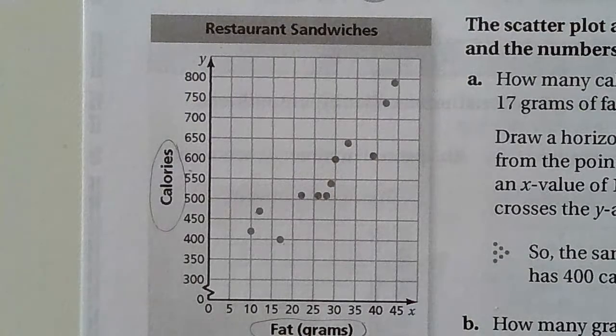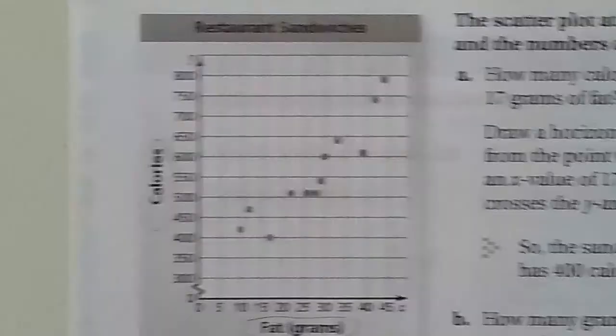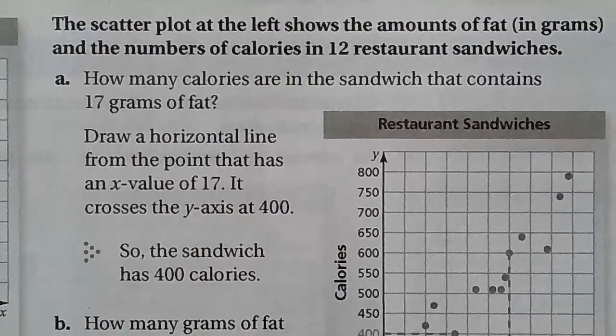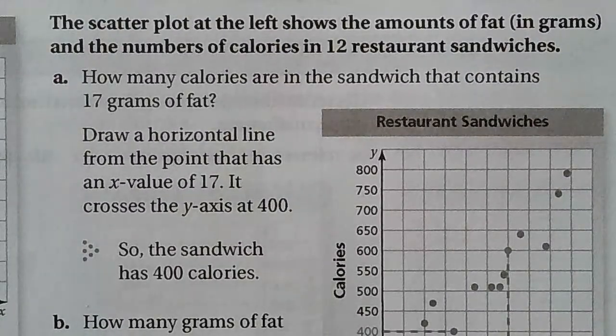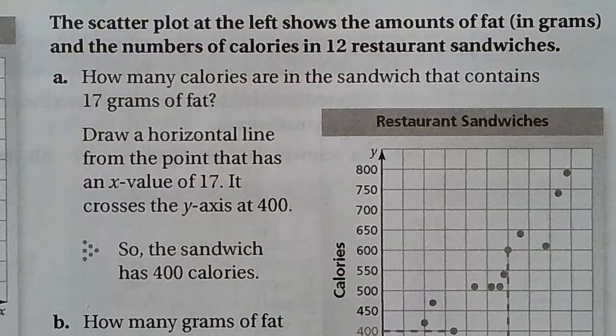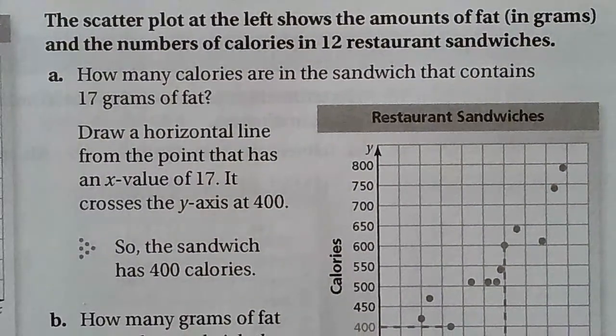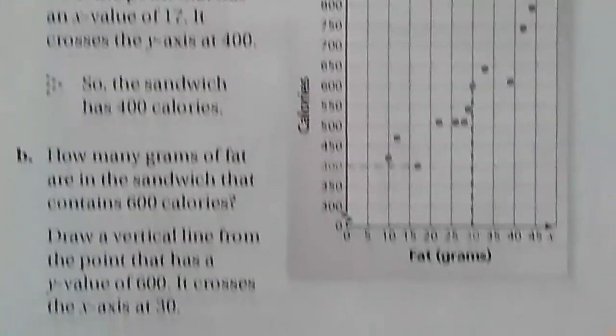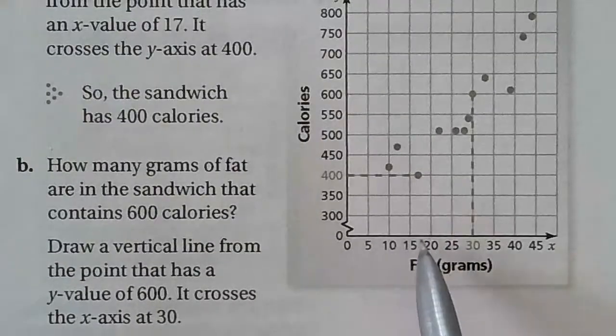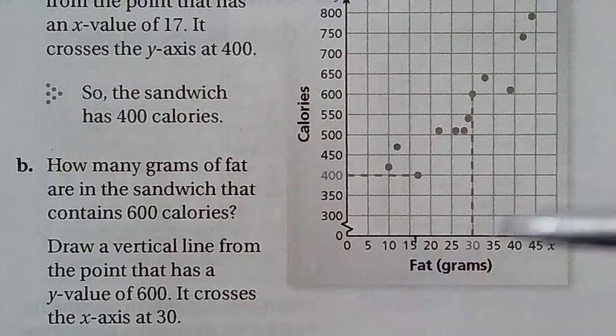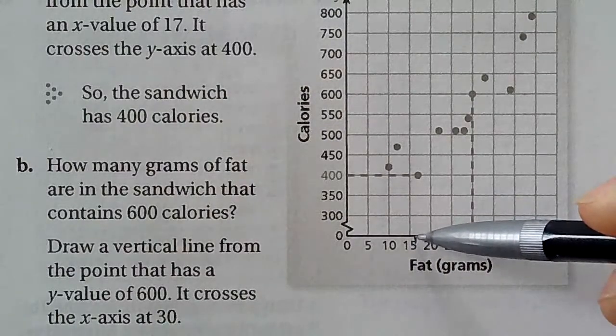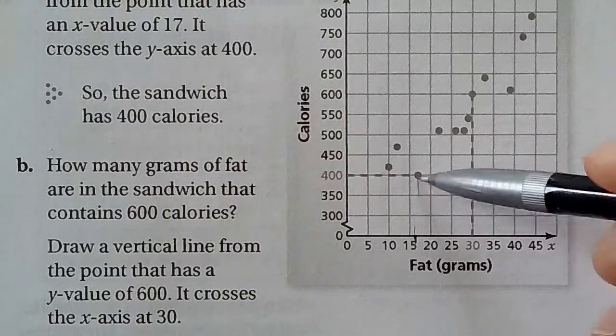The first question says, A, how many calories are in the sandwich that contains 17 grams of fat? On a scatter plot, we're just trying to locate the point that identifies with that value. So if you have 17 grams of fat, we find the 17 on the grams of fat axis, and we go on up and see what point it matches.